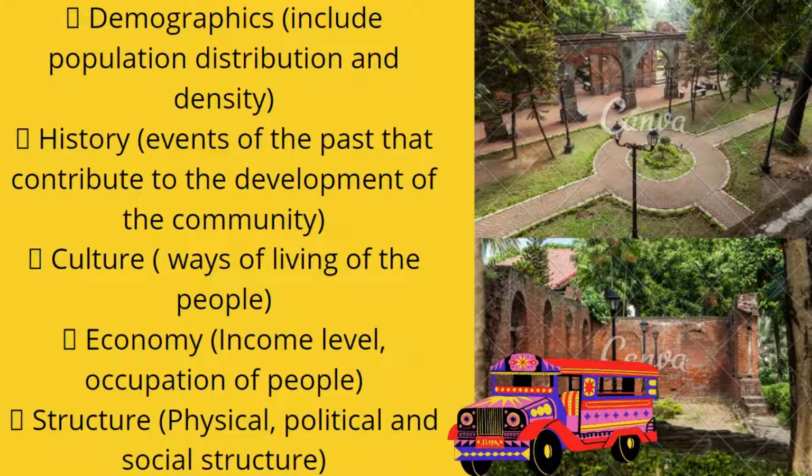So for example, if your project is about providing livelihood to a certain community, then that can be targeted under the element of economy. So if you notice that a certain community has low income earners, then you can provide lectures that would help them increase their income.